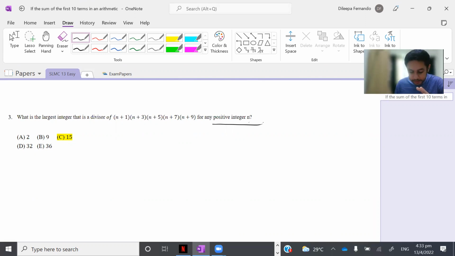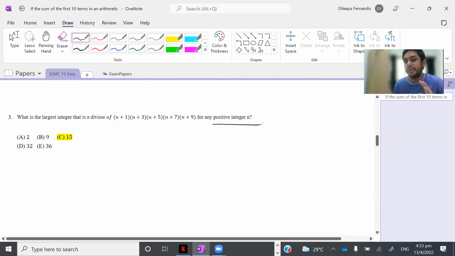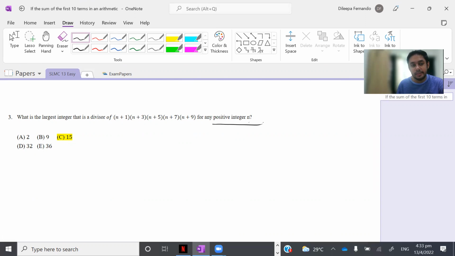If you find at least one positive integer n that cannot be divided by a number, that means that number is not a divisor. So here we can use some observation skills.